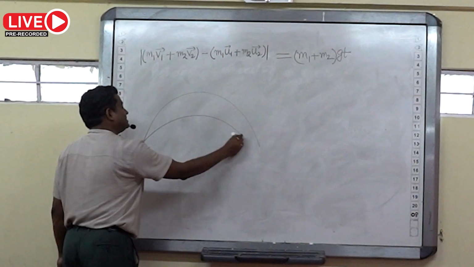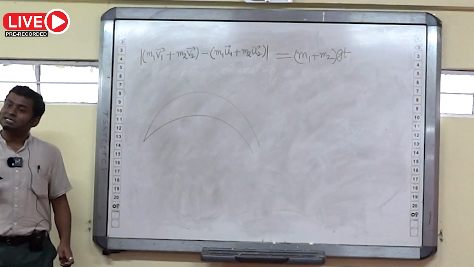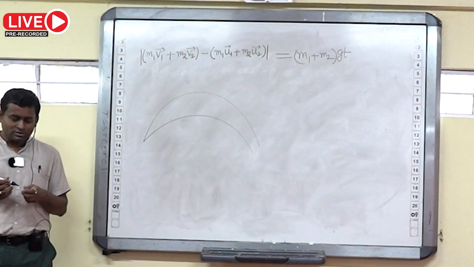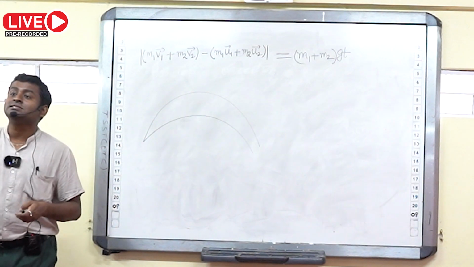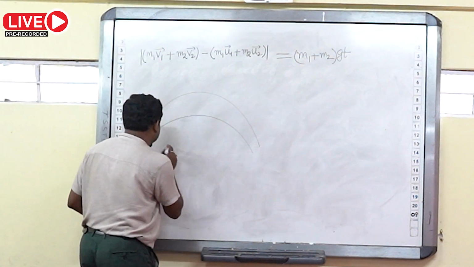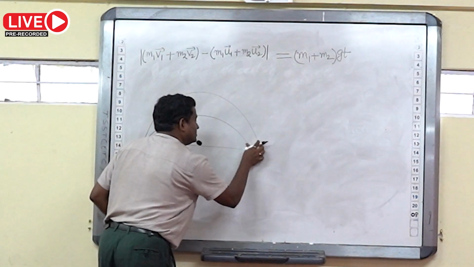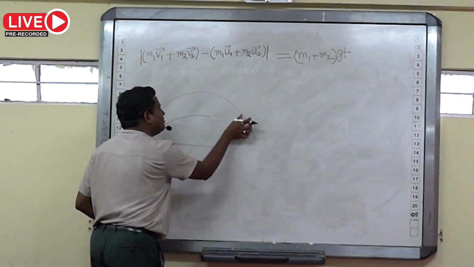Suppose second projectile is like this. It is given that after time t, velocities are v1 and v2, and that time is less than the time of flight, meaning the particle has not reached the ground yet. So it may be somewhere, anywhere.